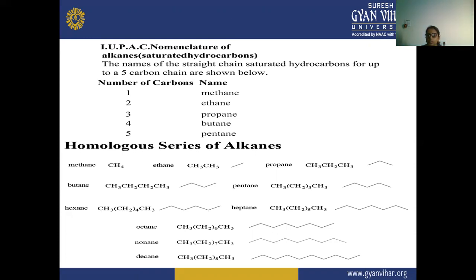So this is the homologous series of your alkane. In the homologous series, the compound containing one carbon atom is known as meth, two carbon is known as eth, then prop for 3, but for 4, pent for 5, hex for 6, hept for 7, oct for 8, non for 9, and dec for 10 carbon atoms.